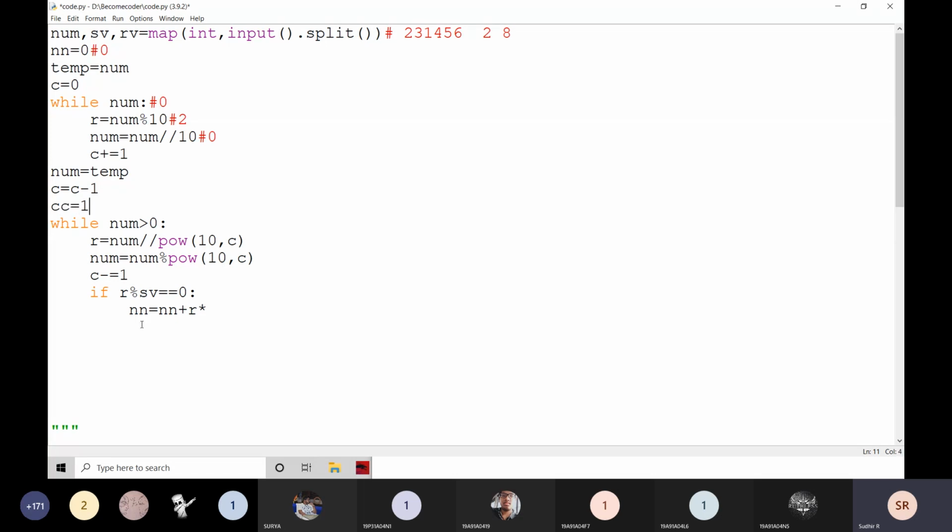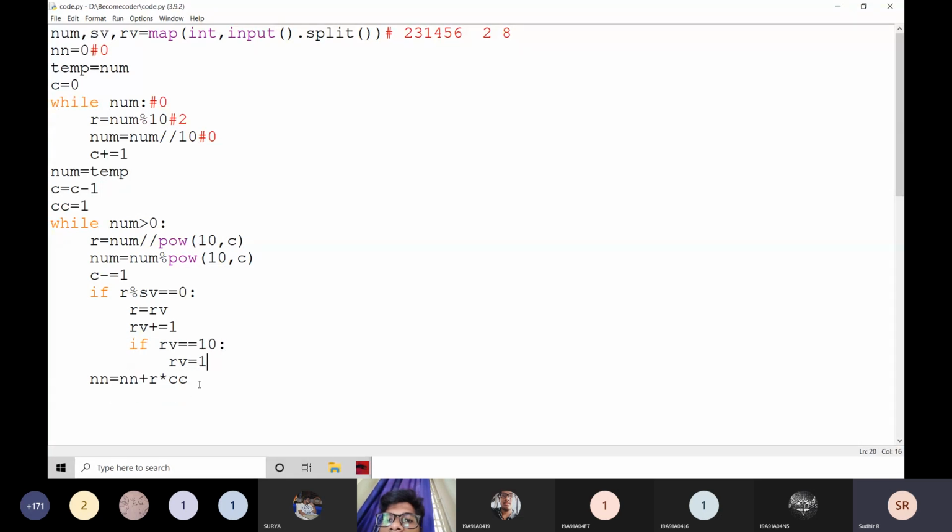equal to 0, cc is equal to 1 into cc. This is outside, and r is equal to rv. Then rv plus is equal to 1, if rv is equal to 10, then rv is equal to 1. And what is the cc value?